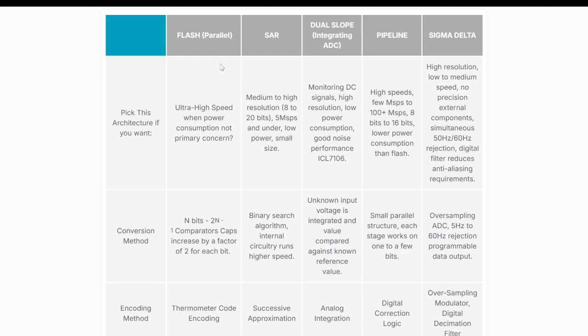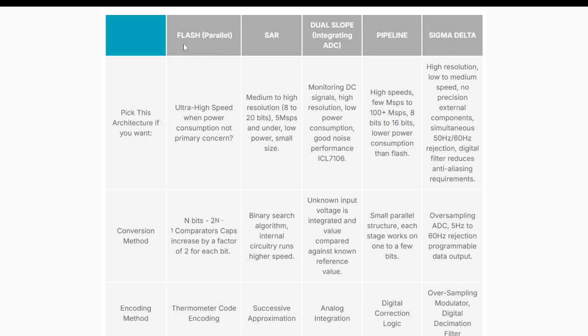Flash and SAR are very common in microcontrollers. The sigma delta, yes, on an advanced microcontroller, and so forth. There are other types, as you can see here, dual slope and pipeline, but as I said, we are just going to focus on these three and on a few important points on how they differ.